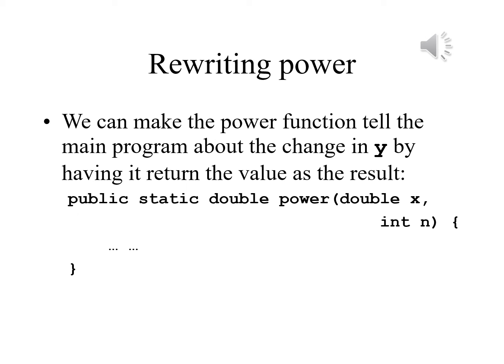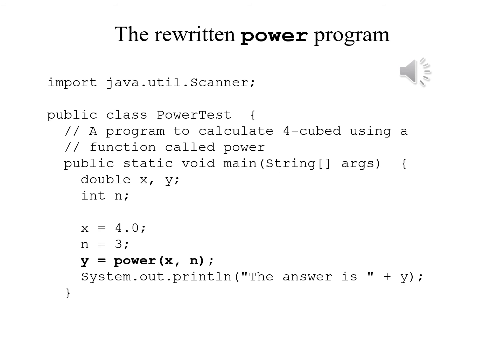Now we can rewrite the method power by telling the main program in the header that it will be returning a double value. And the header will now read public static double power, double x, int n. You'll notice that there is one change in the main method in the driver for power.